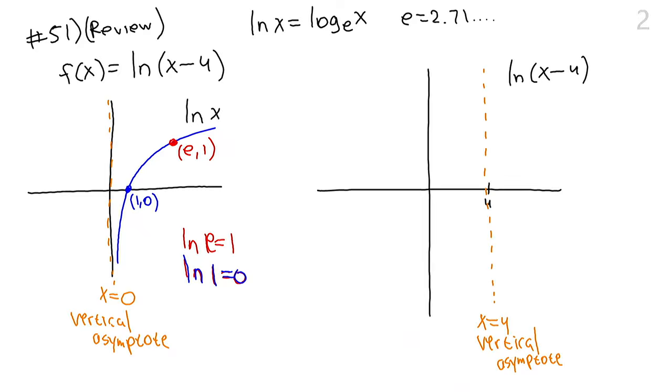My point (1, 0) is going to move 4 units over to the right and is going to be (5, 0). My point (e, 1) is going to move over 4 units to the right, and it's going to become (e plus 4, 1). Whatever the number e plus 4 is, it's going to be 6.71 something something.